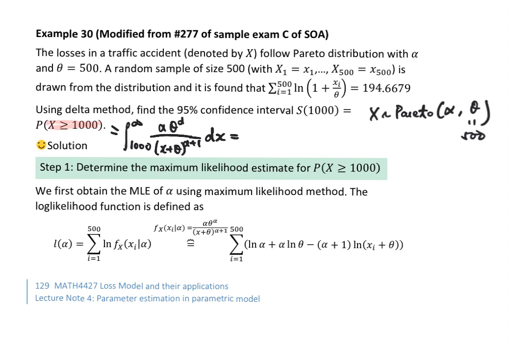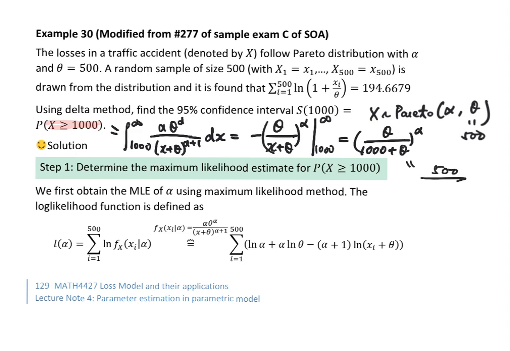After some calculation, you get this integral equal to (theta over 1000 plus theta) to the power alpha. Because theta equals 500, that is 500 divided by 1,500, to the power alpha, which equals 1 over 3 to the power alpha. So this probability is a function of alpha.